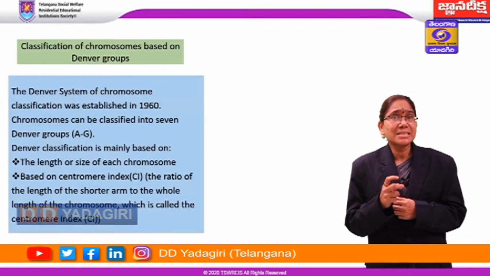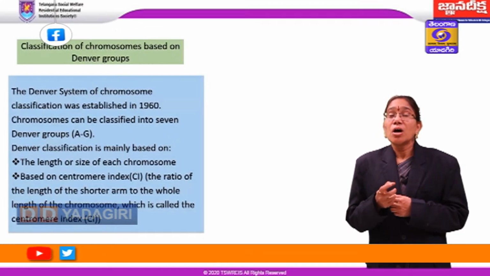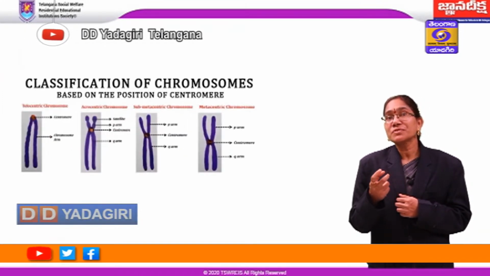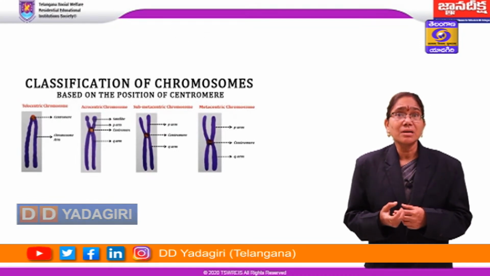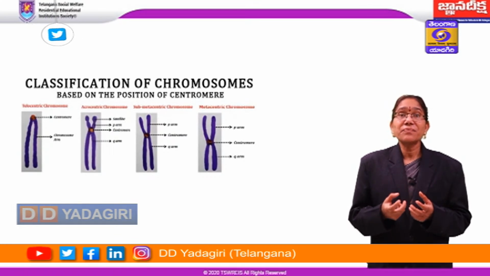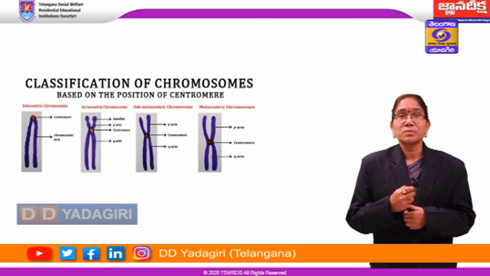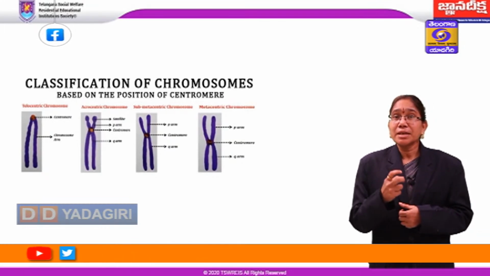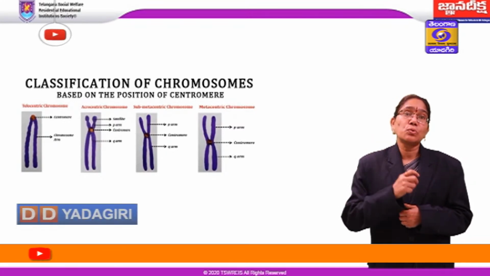For better understanding of Denver classification of chromosomes, we try to recollect the types of chromosomes based on the position of centromeres. Based on the position of the centromere, chromosomes are classified into 4 types. Telocentric chromosomes: the centromere is located at the end of the chromosome.